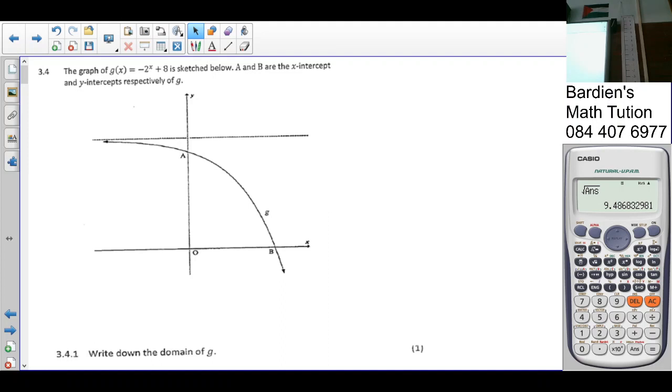A and B are the x and y intercepts respectively of g. Respectively means that A is on x and B is on y. That is wrong, eh? A and B are the x and y intercepts respectively of g. So A had to be on x and B had to be on y.